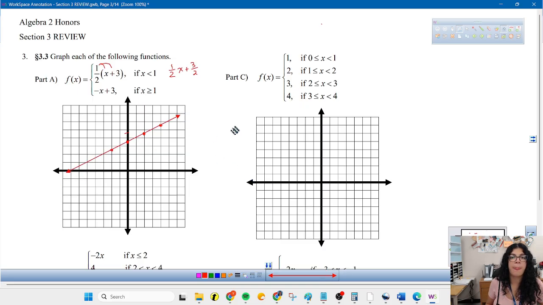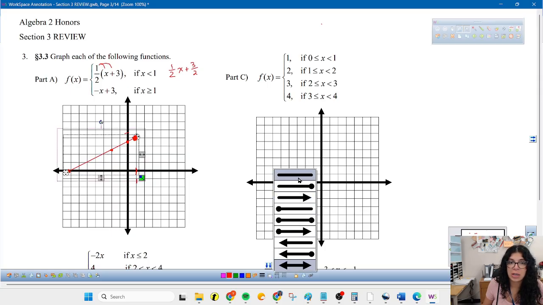However, I'm only using this when x is less than 1. So for the x value of 1 here, all of the part that's on the right of this line, I will actually erase. And I will put a closed circle, actually it's an open circle at that x value of 1.